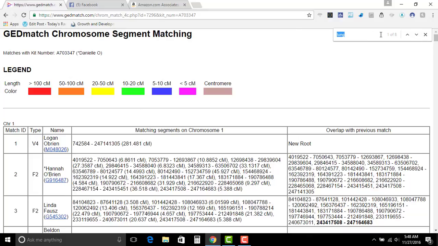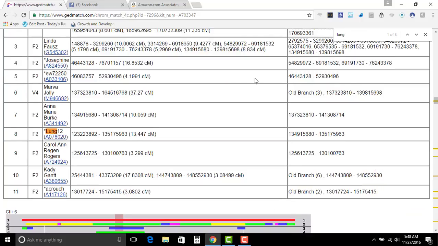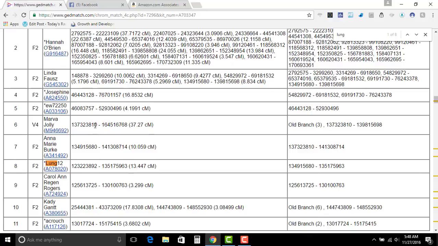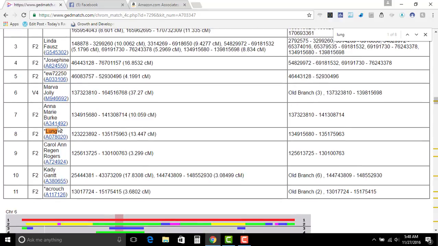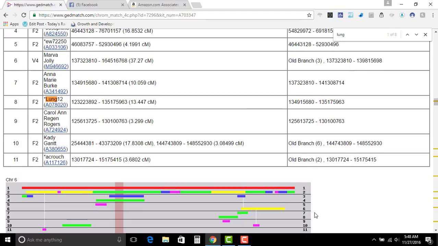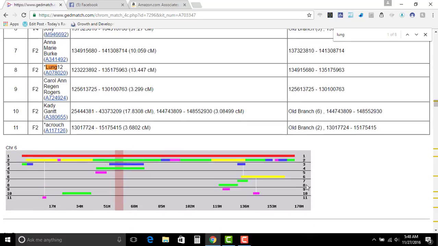I go to the first place just by hitting enter. The first place is on chromosome 6, and here she is on chromosome 6. She's number 8, so I look down here for number 8. As you can see right here, she's this green line.